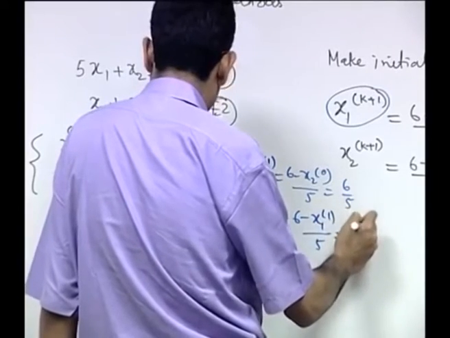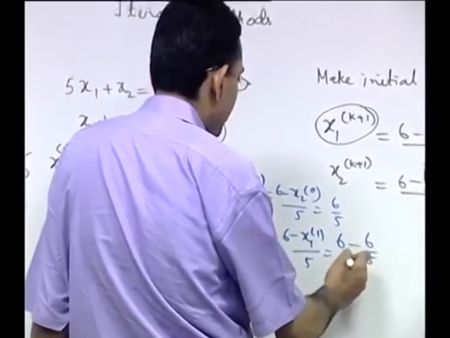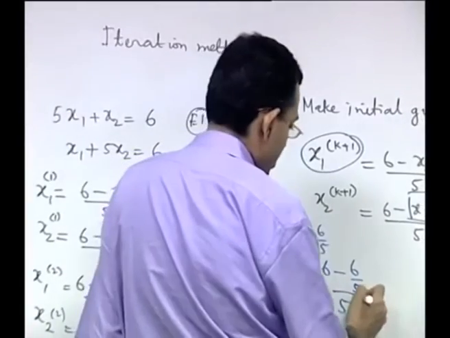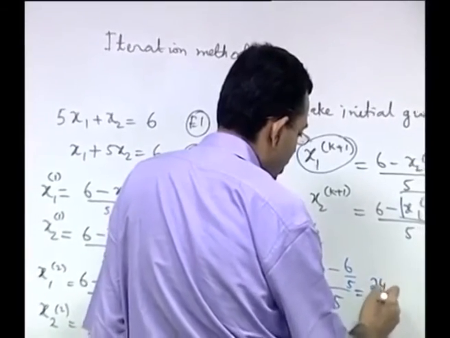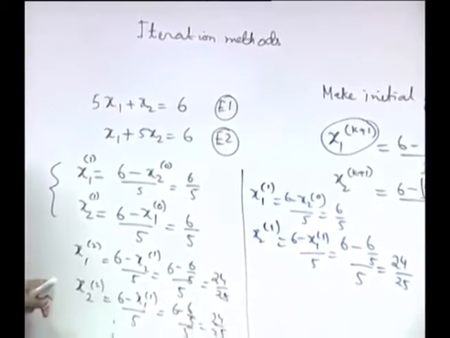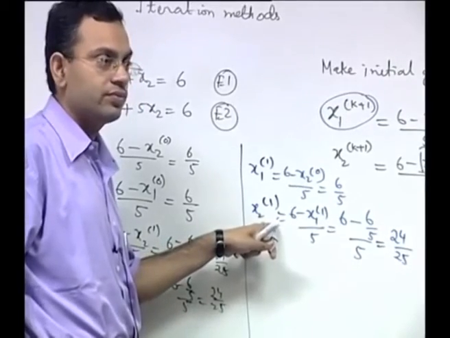So, 6 minus 6 by 5, by 5. So, this is 24 by 25. You can see that what you got in one more step there, you have already now got one step before.